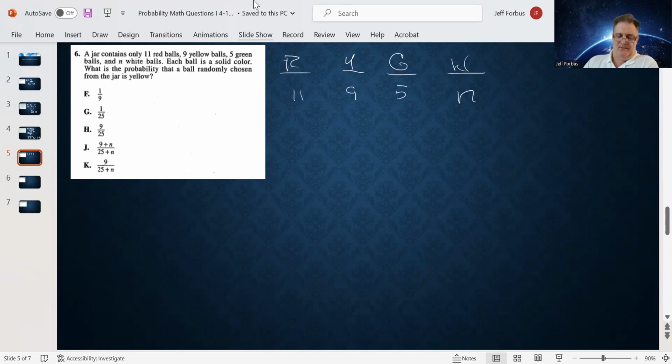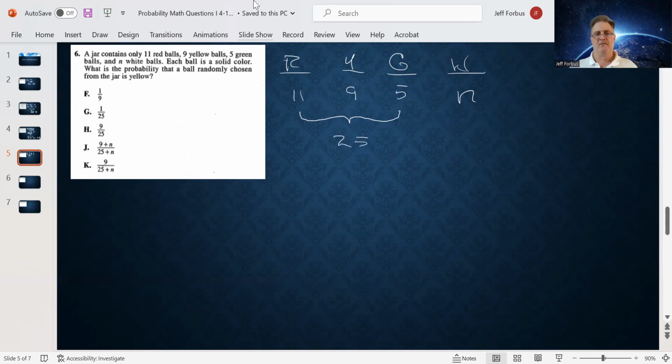How many total balls do we have here showing up? We have 11 and 9 and 5. So that's going to be a total of 25. So we have at least 25 balls that we know of, and we got some number of balls that are white. Now, the rest of the question says, what is the probability that a ball randomly chosen from the jar is yellow?